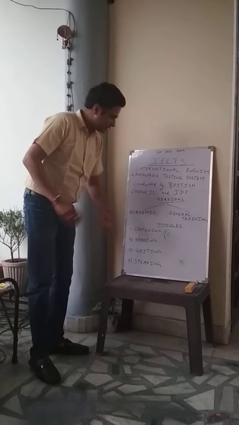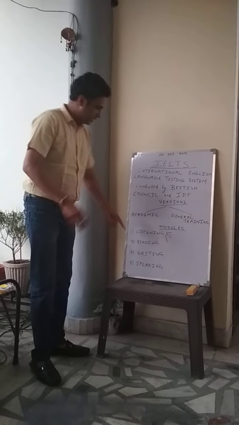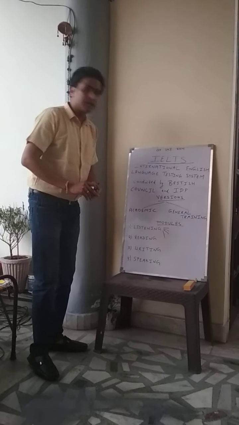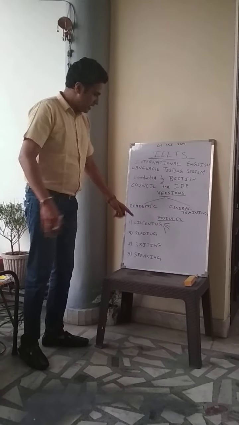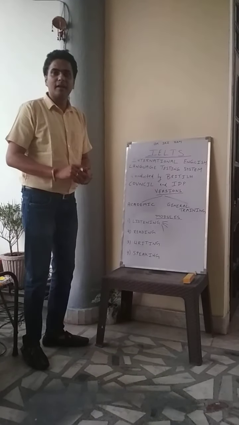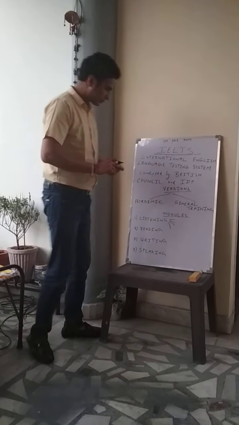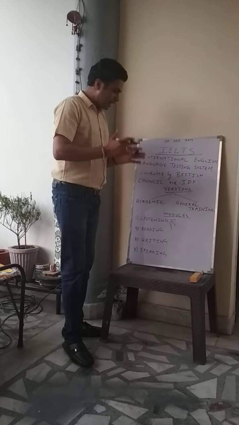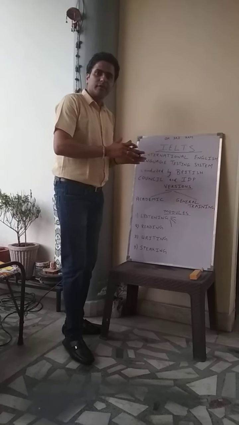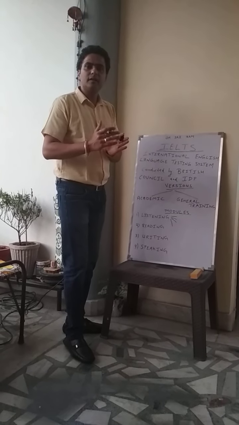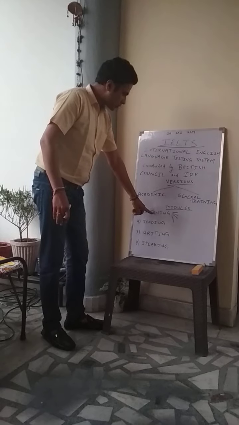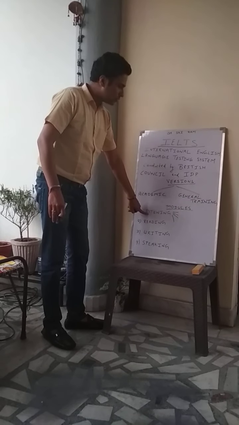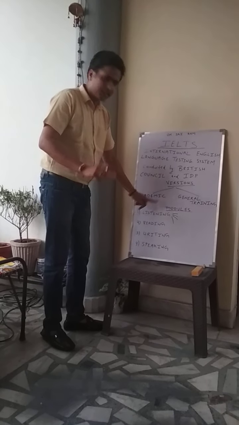Now next is writing module. In writing, there are 2 parts, or you can say tasks: writing task 1 and writing task 2. Now writing task 1 is different for academic and general training test takers. I should also tell you that the listening module is similar for both academic and GT.